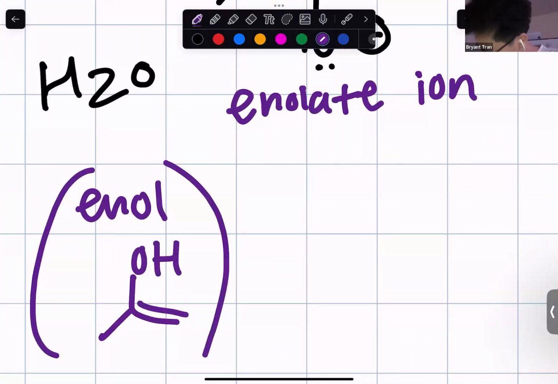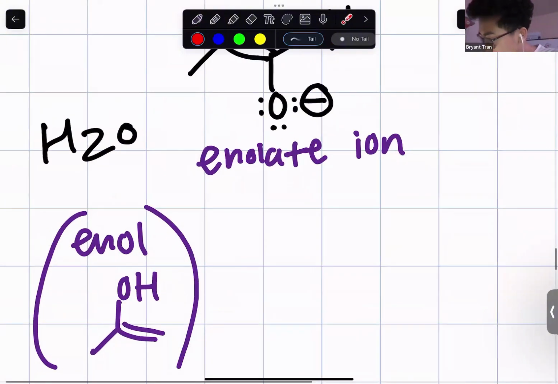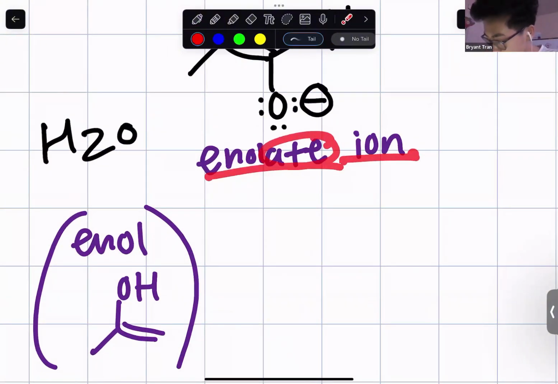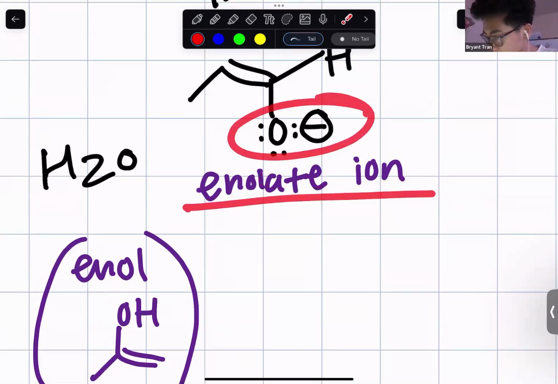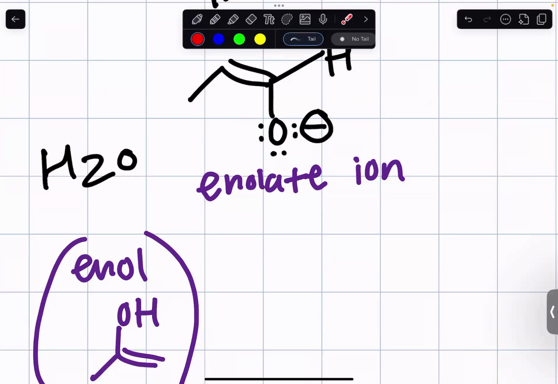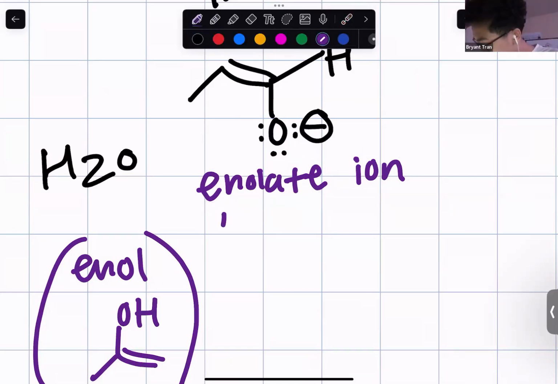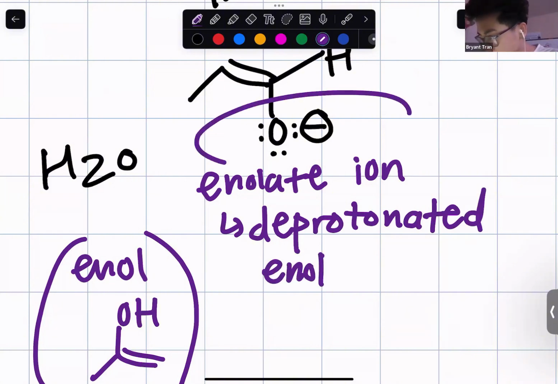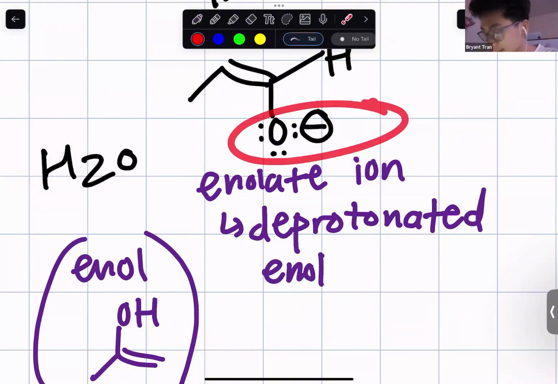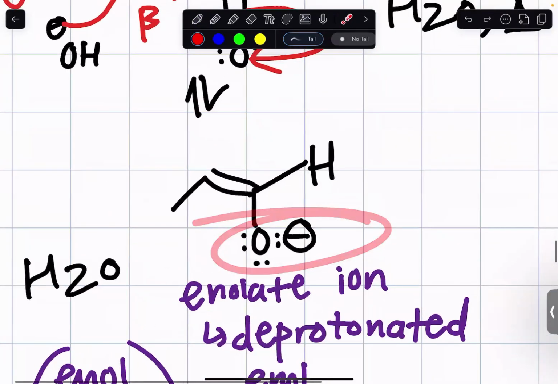When you see enolate, think of an ion, something that has a charge, specifically a negative charge on the oxygen. Think of it as a deprotonated enol. If we were to introduce an acid to the enol and deprotonate the alcohol, we would get an enolate ion, where the oxygen lost its hydrogen and gains a negative charge. That's the deprotonated enol.